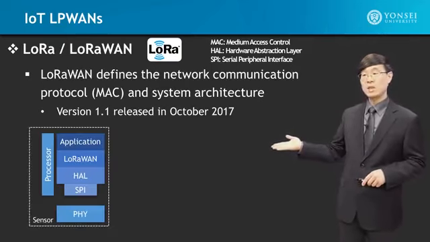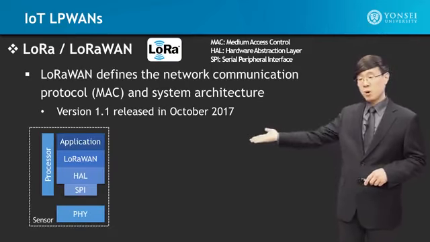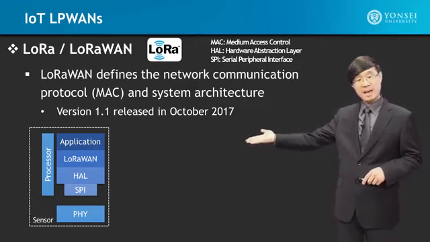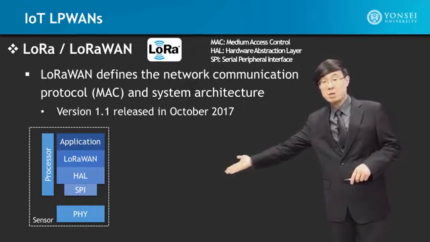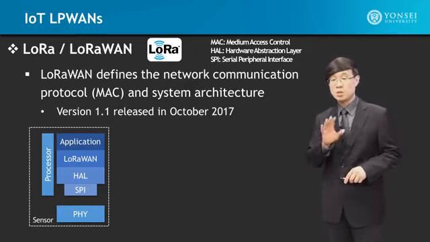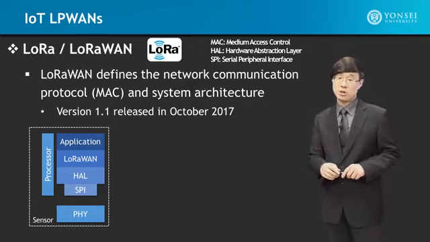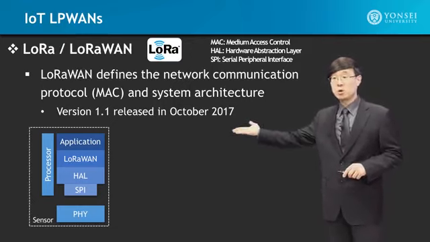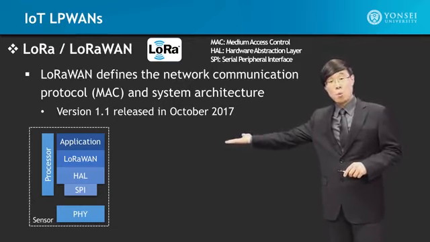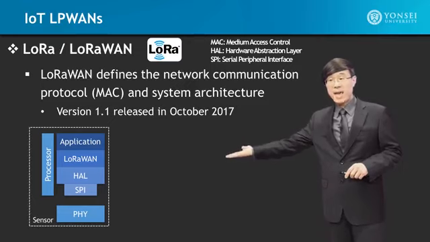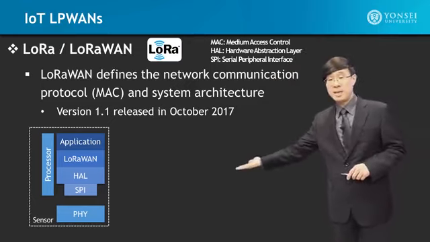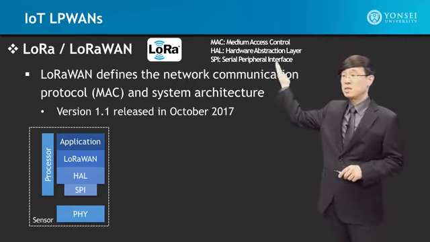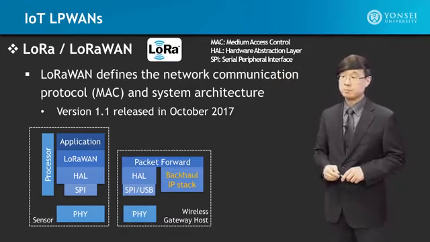In addition, look at the overall structure. You see a sensor node would have a stack architecture, including the processor and the PHY, physical layer at the bottom, which is the modem and antenna, and the RF circuit unit. The processor controls the application, the LoRaWAN structure, the HAL, which is the hardware abstraction layer, and the SPI, which is the serial peripheral interface.